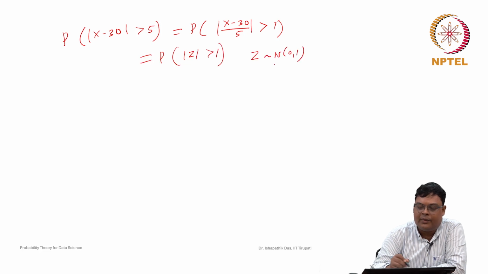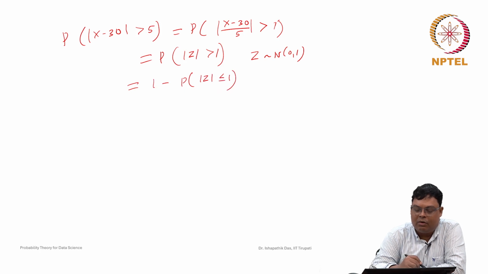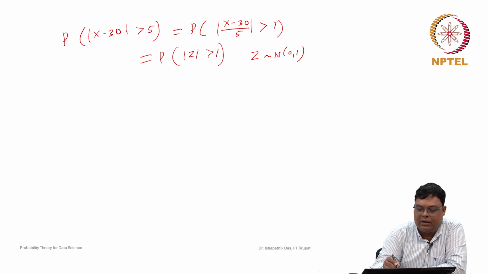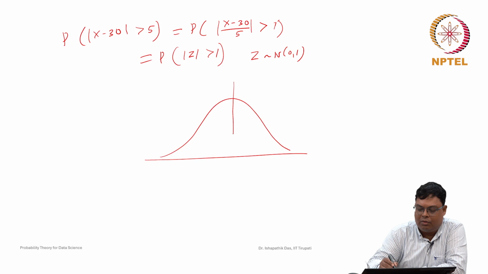0, 1 variable. Now, mod z greater than 1 is the same as 1 minus the probability that mod z is less than or equal to 1. How can we find this? First, let us check this graph here, then it will be more clear to understand.